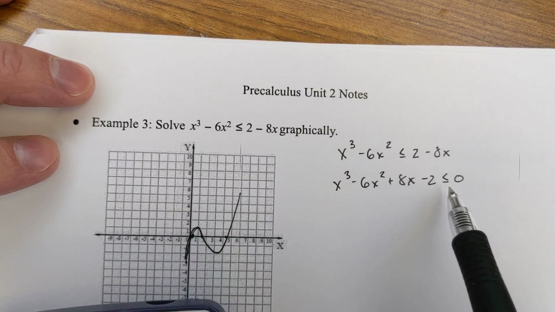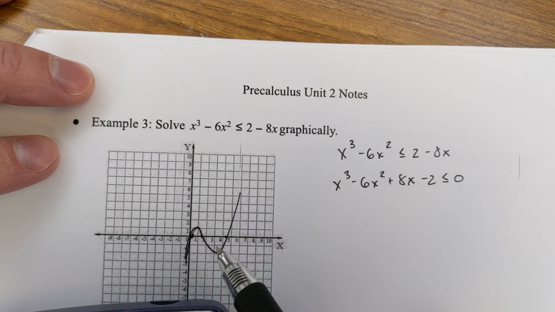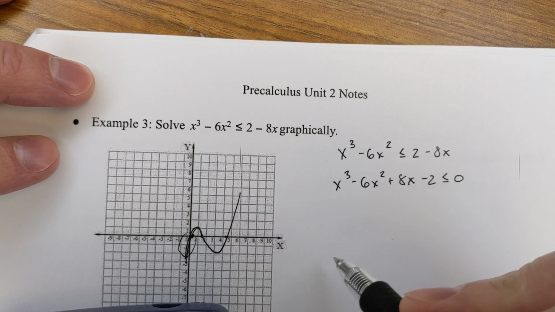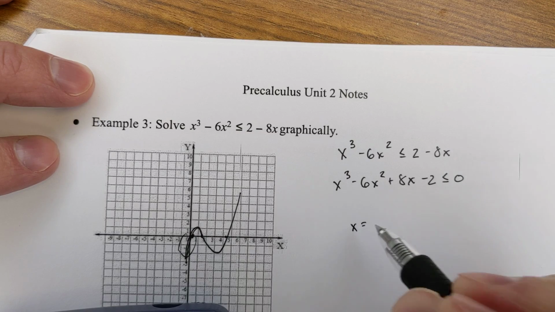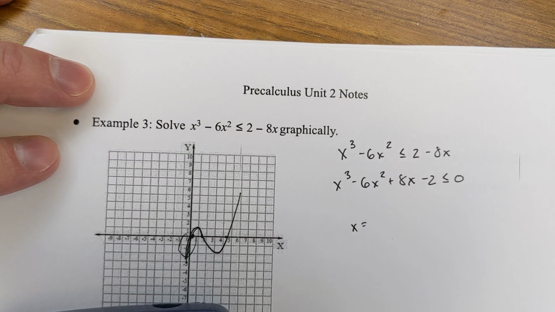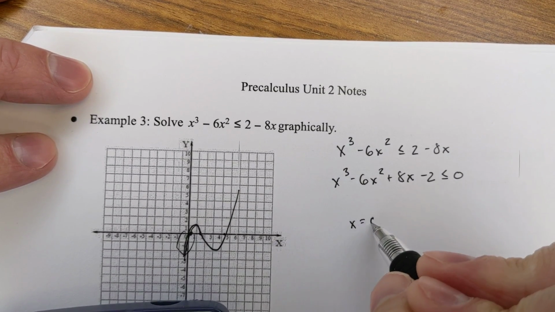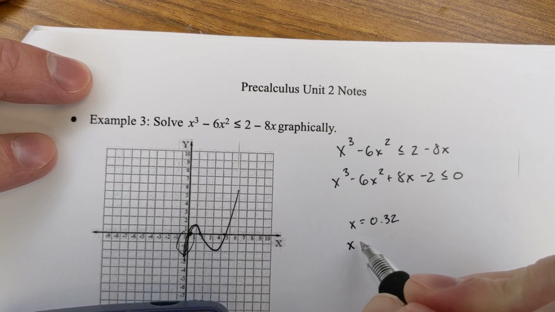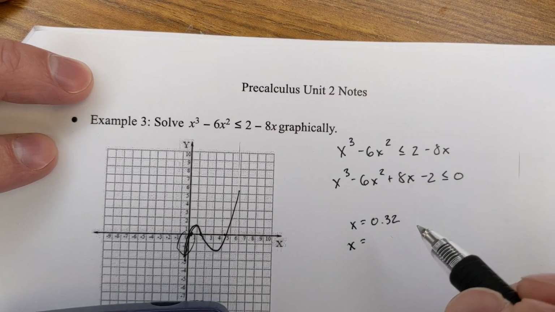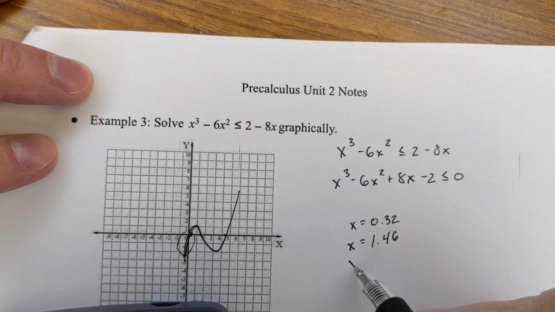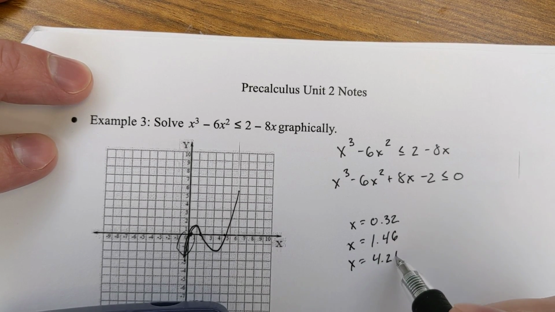So since I arranged it to be less than or equal to 0, I need where it's below the x-axis. So that's this chunk here, and we'll copy the zeros down again. My zeros were 0.32, the second one was at 1.46, and the last one was at 4.21.